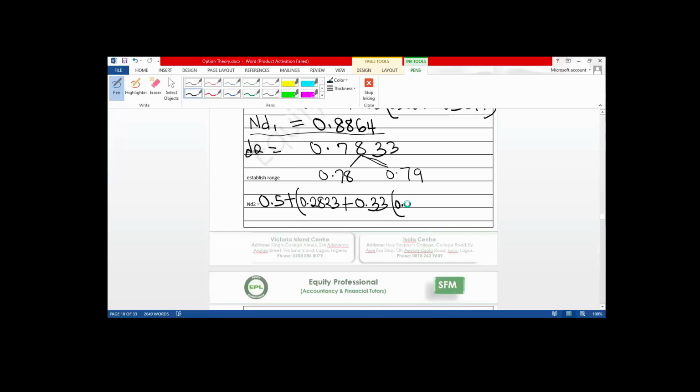0.2852, then minus the figure you get under 0.78, minus 0.2823. Please work this out.